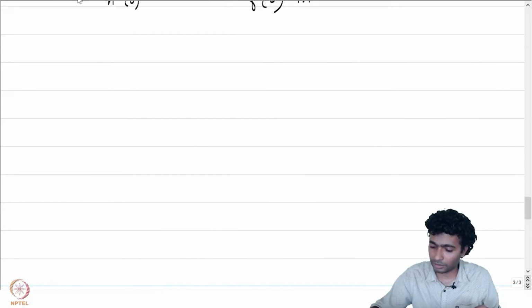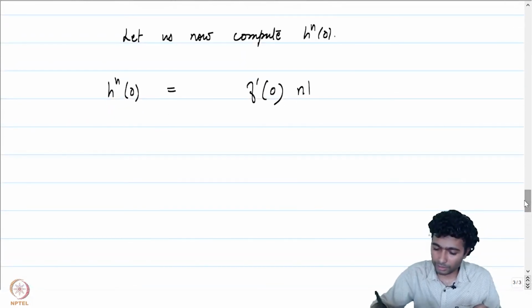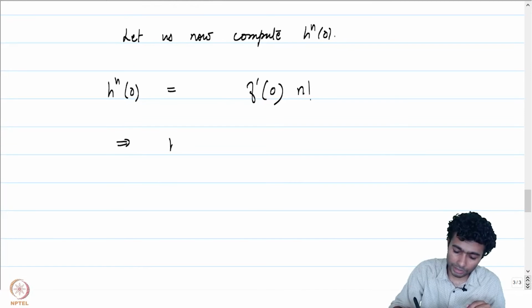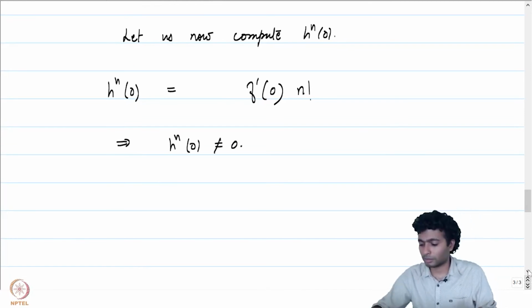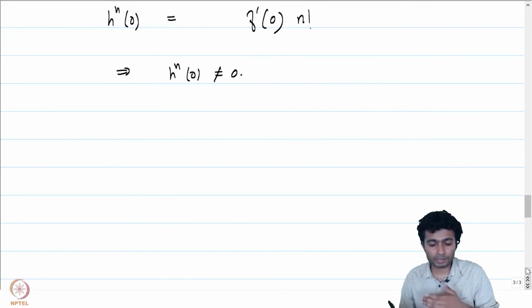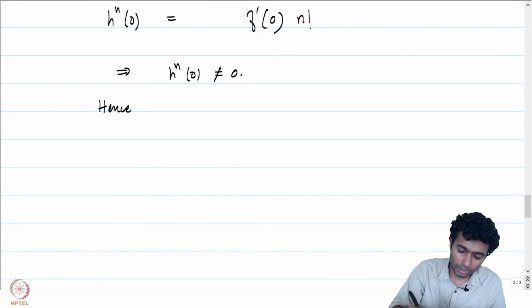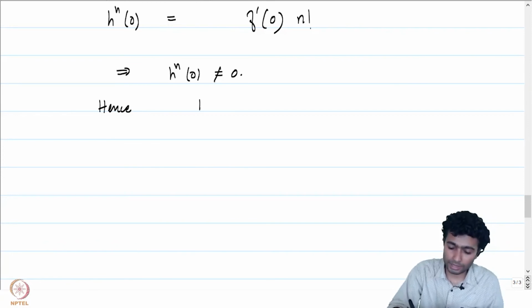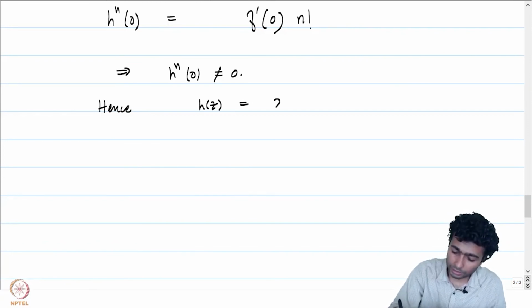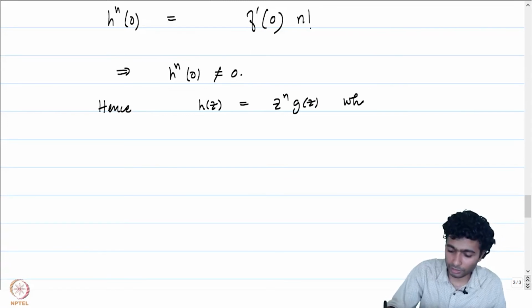So with that assumption, we conclude that h^(n)(0) is not equal to 0. So if you are looking at the power series expansion of h around 0, h has h(z) equal to z^n times g(z), where g does not vanish.